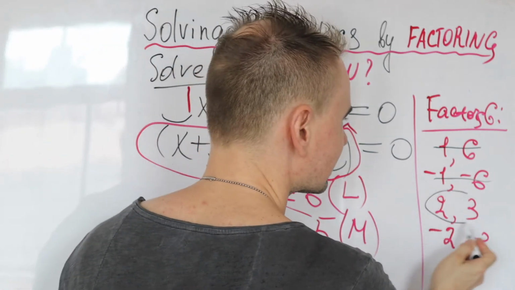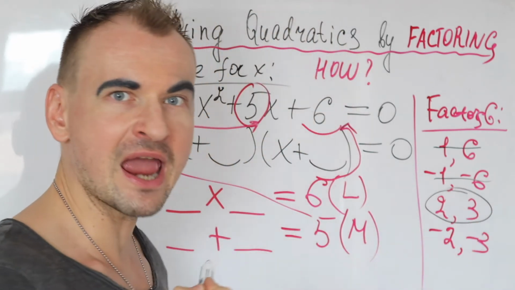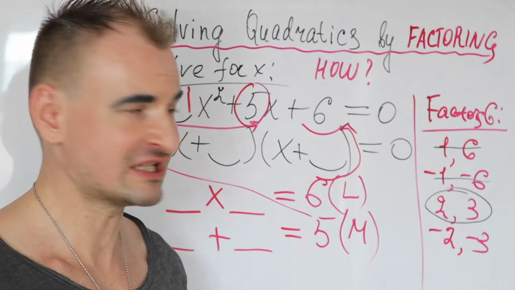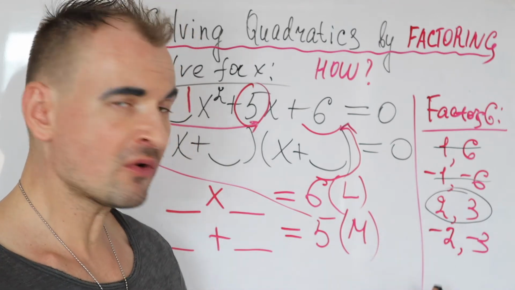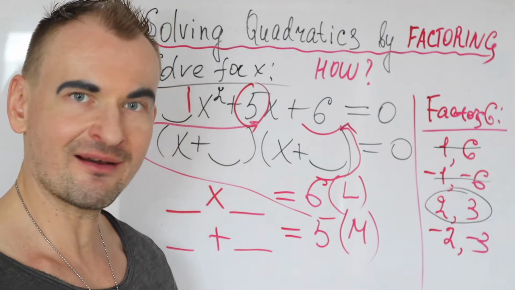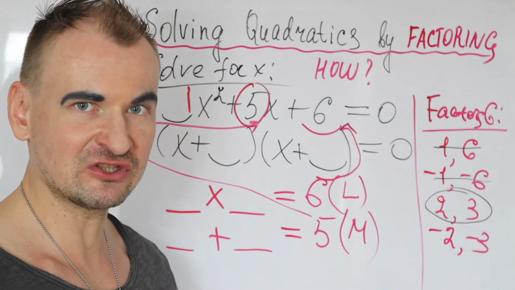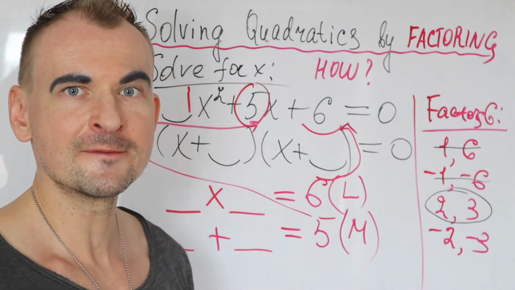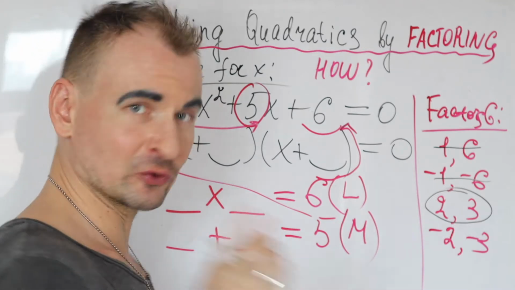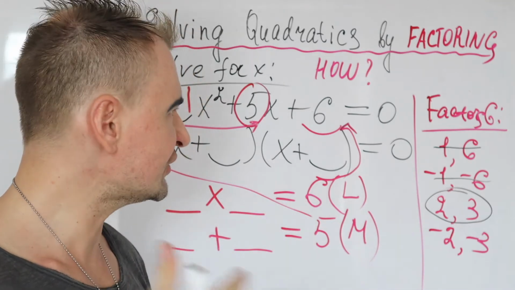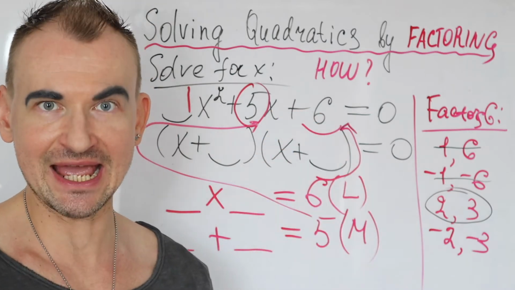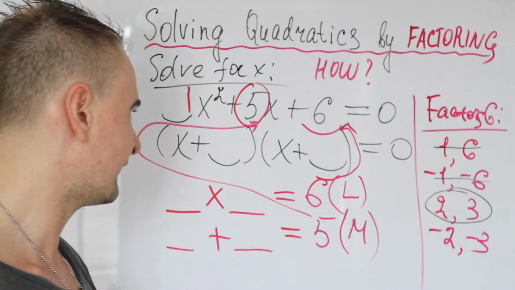So this is my required pair of numbers. You don't have to check out the rest. We can assume they will not work for our problem. So 2 and 3. We can check it again: 2 times 3 gives you 6, and they add up to 5.